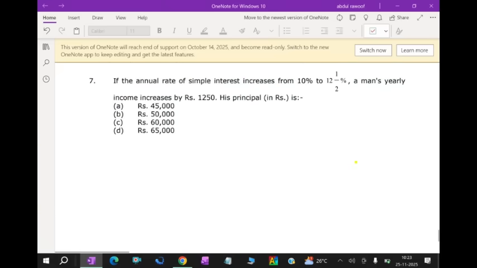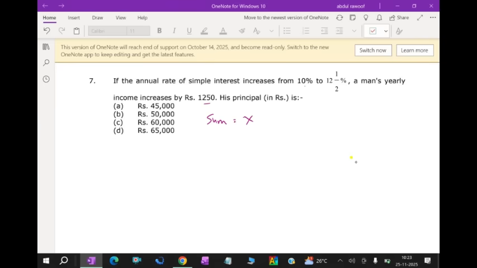Next question: if the annual rate of simple interest increases from 10% to 12.5%, a man's yearly income increases by 1,250. What is his principal? Let the sum invested be x.